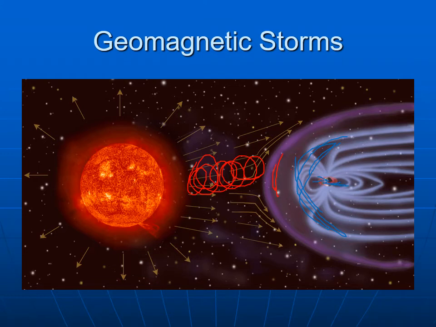It can also cause excess particles to come accelerating down into Earth's atmosphere. It can move the aurora further south. I've actually seen the aurora as far south as here in Texas 3 times. It doesn't happen all that often, but it does. And these fluctuations in Earth's magnetic field we call geomagnetic storms.